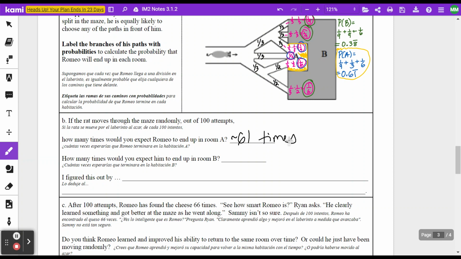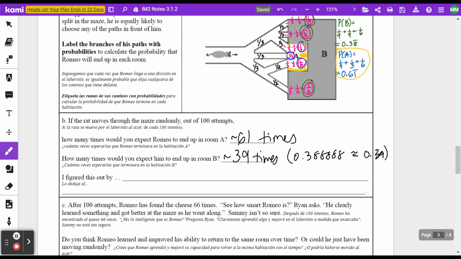In room 2, I'm going to say about 39 times. In room B, 39 times. And that's because 0.38888 is about 0.39. And the 8 was repeating.